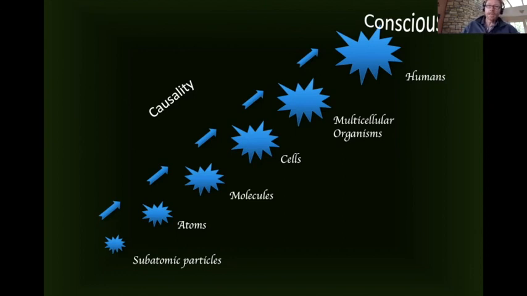But there are scientists that are pointing this out, that you can't just have bottom-up causation because there's also top-down. And once you get top-down as well as bottom-up, then you end up in this kind of weird loop where the more complex things were caused by the more simple things, but the more complex things are affecting the simple things, which is affecting the more complex things, and so forth.